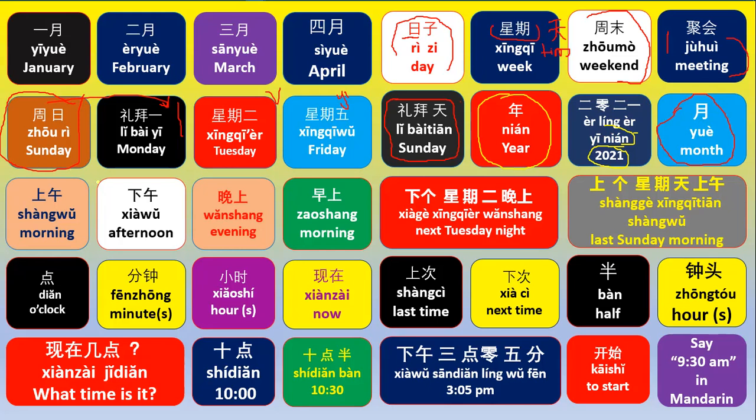Okay, now let's look at these words. These ones are very common. These four here. Starting with morning, which is more popular: 早上. Yes, that's morning. And for evening is 晚上.